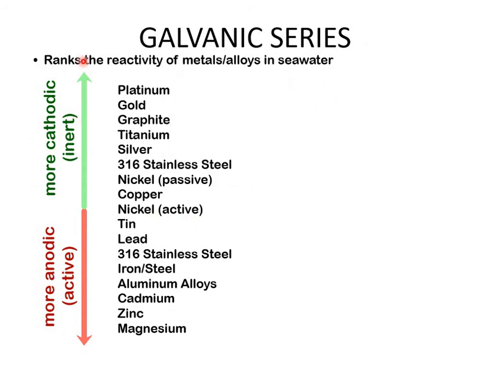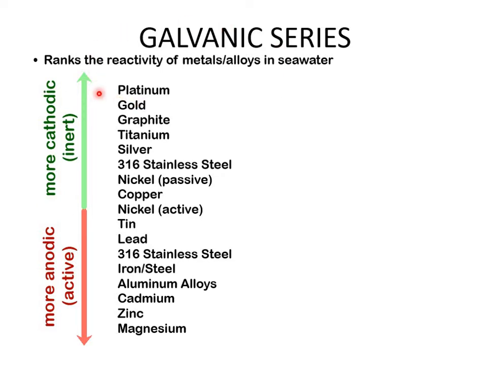Again, there's a galvanic series that ranks the reactivity of metals and alloys in seawater. You can get these series in different corrosion mediums. Here it is the seawater, which has a high amount of chlorine in it due to the presence of NaCl. You can see that the more anodic the metals are, the more active they are, and the metals which are more cathodic are more inert.